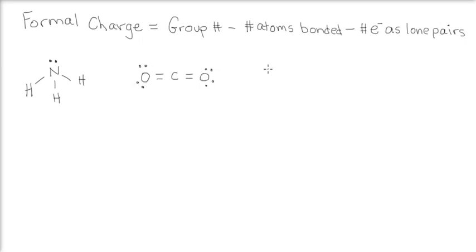And we'll do one more, boron tetrafluoride, or BF4 minus, which is an ion which carries a negative charge. And of course we have to draw in all the lone pairs.